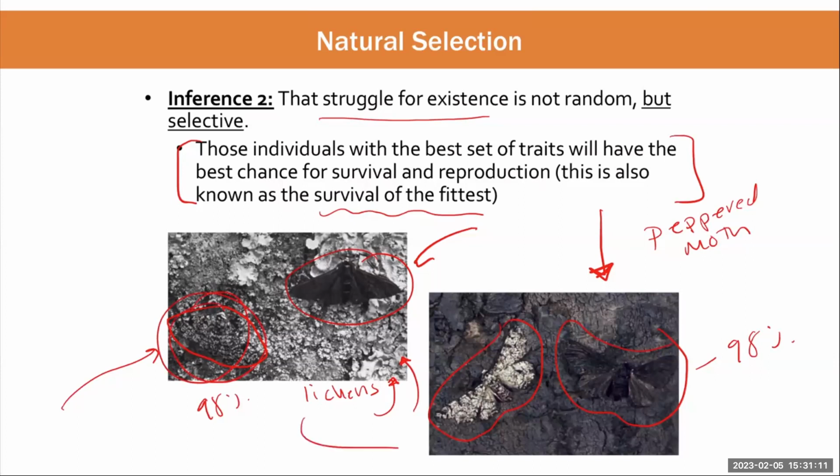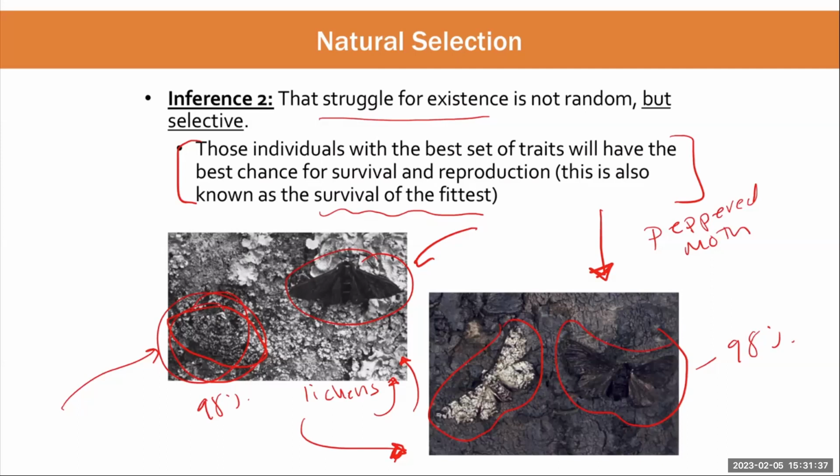What changed between these two images here, what changed over this 50 to 100-year period, was pollution. So England was experiencing the Industrial Revolution, factories were being built, and there was significant air pollution at that time that was well documented. There was kind of a dark smoke that covered and surrounded the countryside.